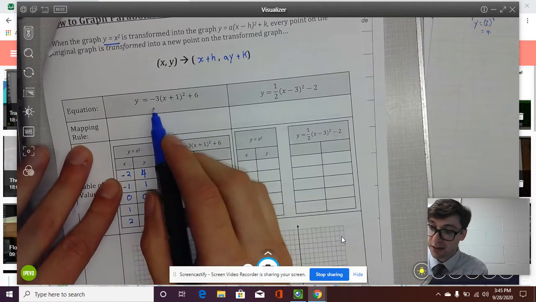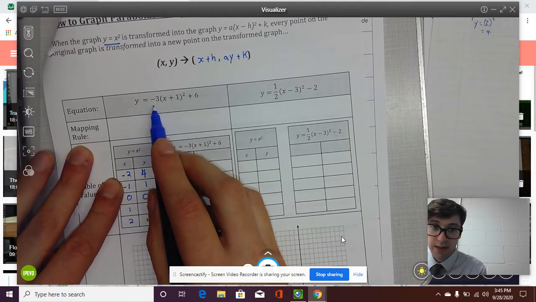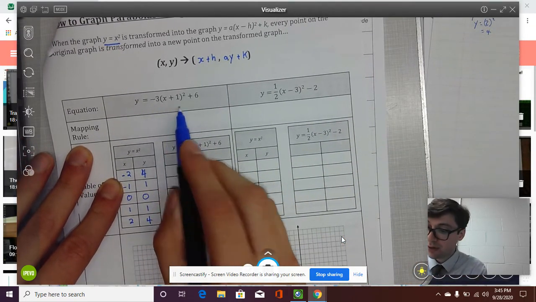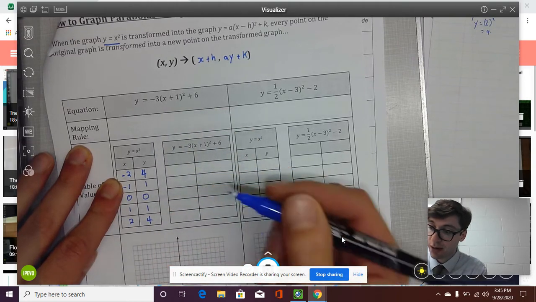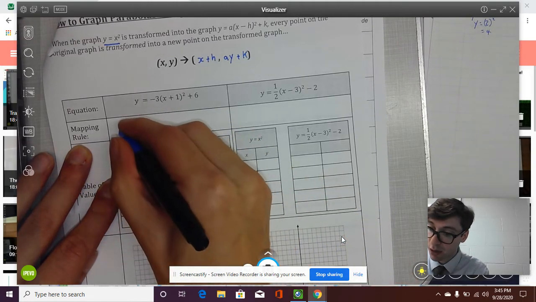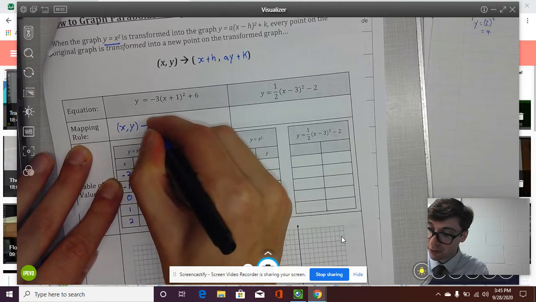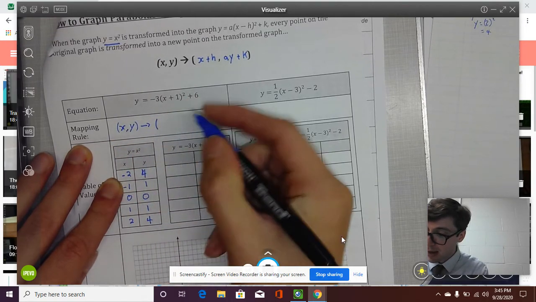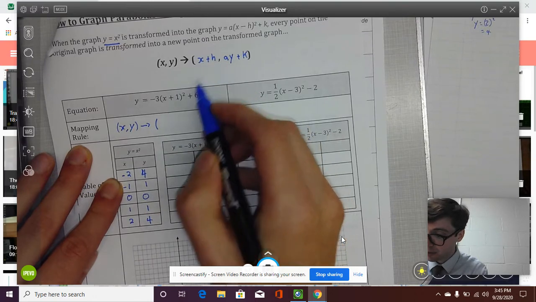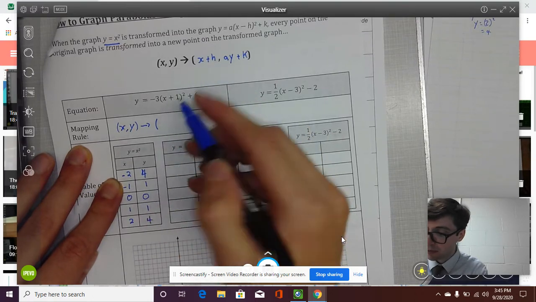So let's take an example. We want to graph this equation, which has been transformed in a bunch of different ways from our original parent parabola. So my mapping rule takes every point xy, and I'm going to transform it. And I need to do x plus h. So h here is really -1. Remember, it's always flipped.